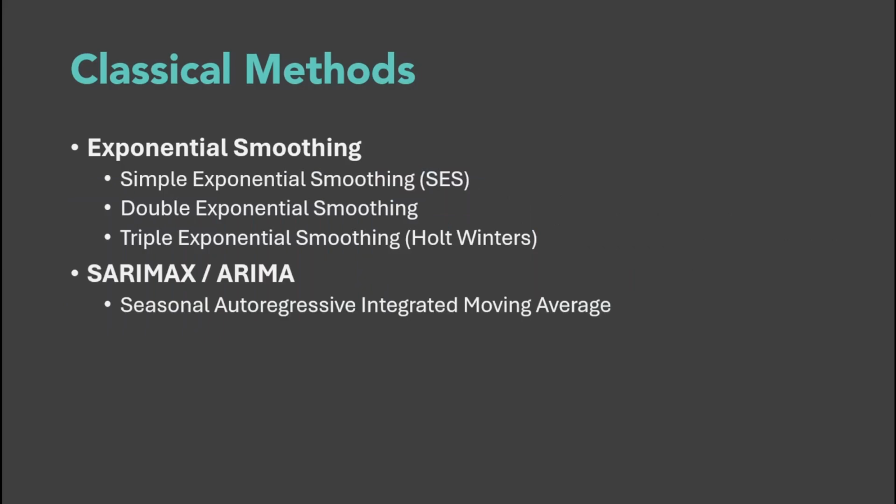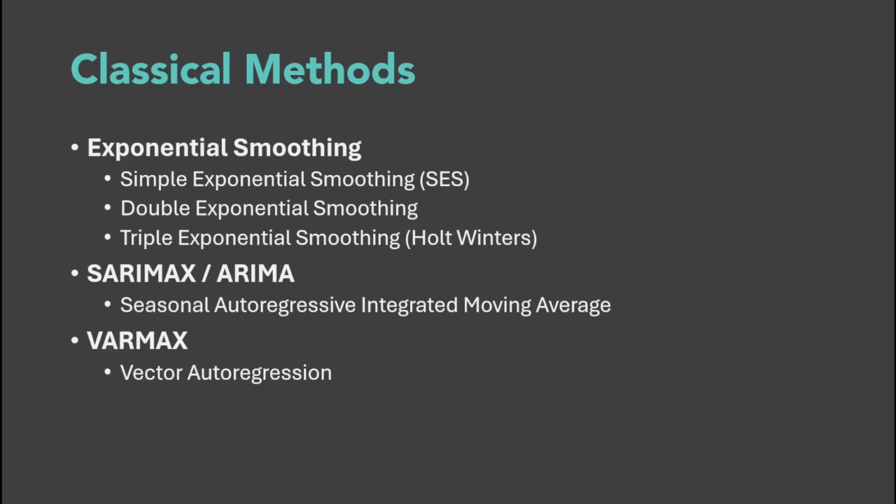Next, we have the SARIMA and SARIMAX family of models. It stands for Seasonal Autoregressive Integrated Moving Average, where the X stands for exogenous or external variables, which means that these are multivariate models. The acronym also lets you know that it considers seasonality, autocorrelation, stationarity, and the moving average.